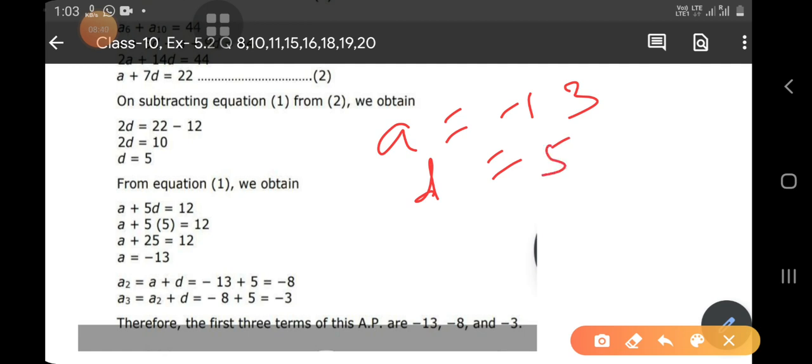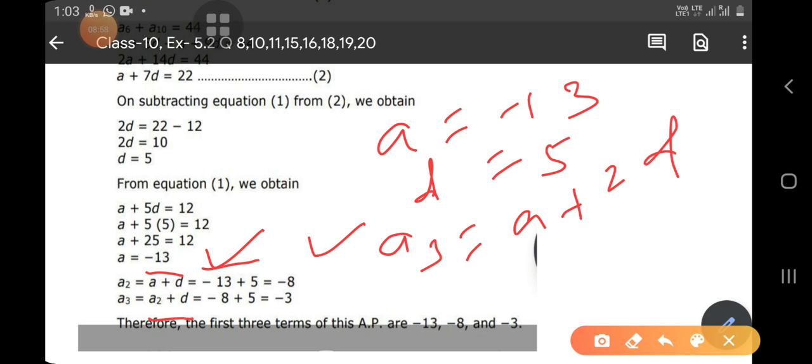That means the first term, a1, will be minus 13. Now the second term, that means a plus d, that is minus 13 plus 5, that is minus 8. Again a3, that is a2 plus d, or we can say that a3 is equal to a plus 2d. We can use this formula also. So you can use anything, just put the value of a, that is minus 13 plus 2d, means 2 into 5, that means 10, then you will get minus 3.